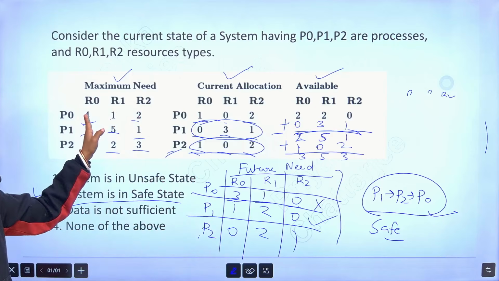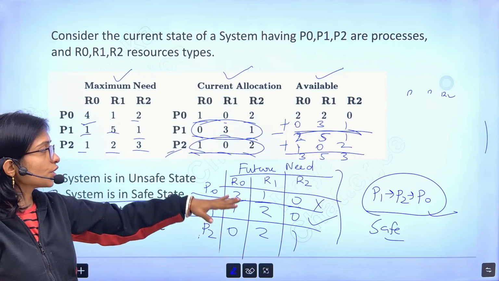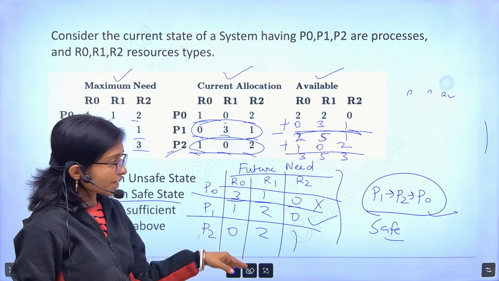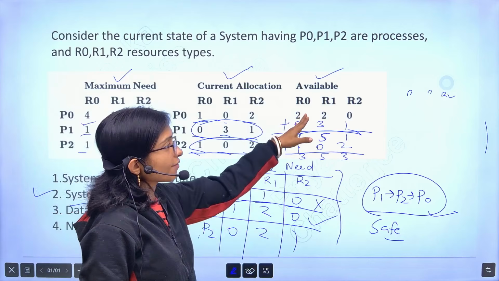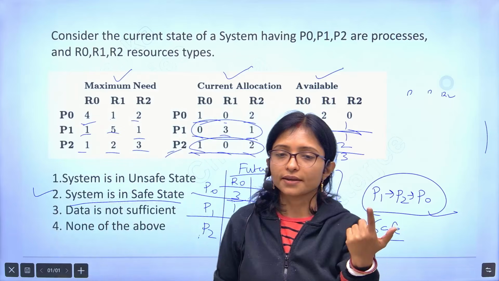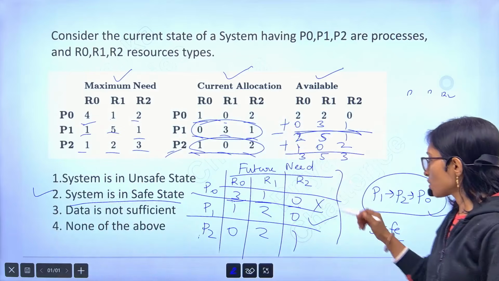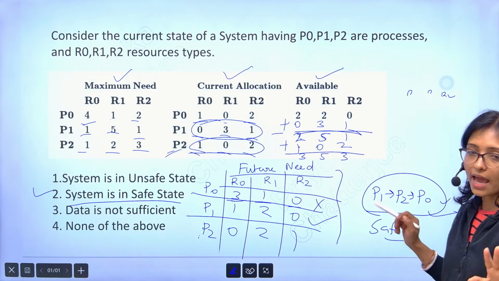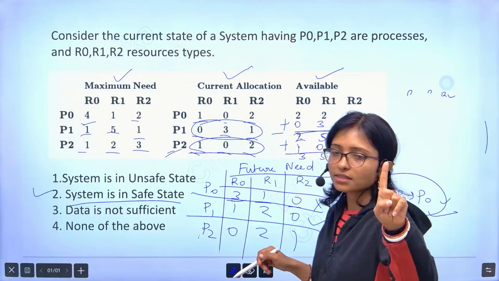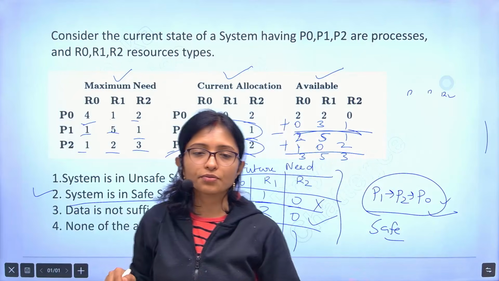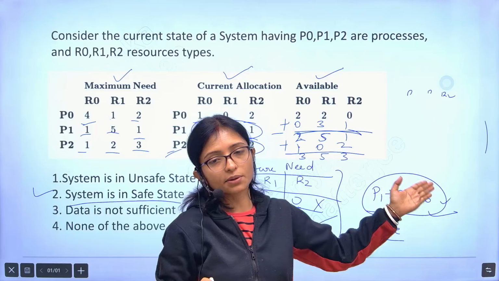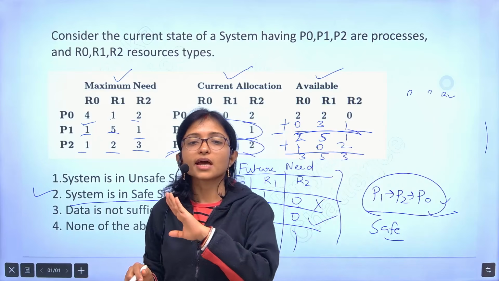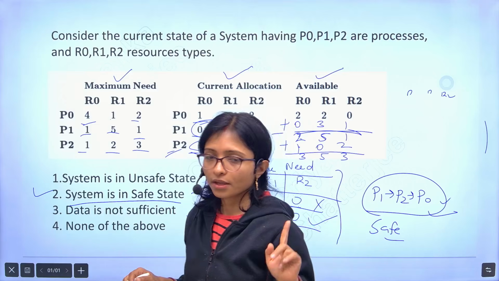Simple. Maximum need minus current allocation, do future need. Check that as per the future need availability can I satisfy. Multiple safe sequence can be possible, but here according to this we are getting only one safe sequence. Anyhow, if you are able to make it safe sequence, that means system is safe. There is no deadlock. Okay.